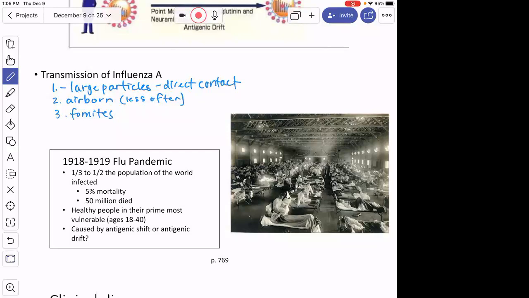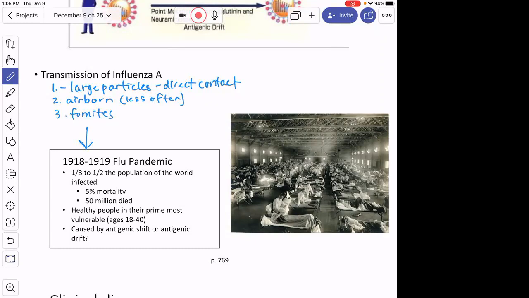We have to at least talk about the flu pandemic of 1918 and 1919, because back then it was sort of a perfect storm. You had a lot of people living in very close proximity to each other due to World War I. So you had the military living in barracks, and lots of troop movement, people moving all around the world when they wouldn't normally be doing so, especially 100 years ago when travel wasn't as easy.